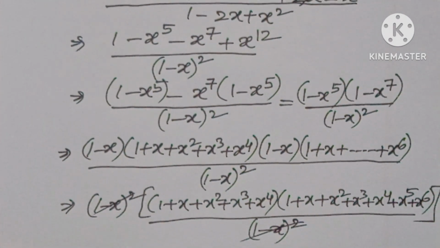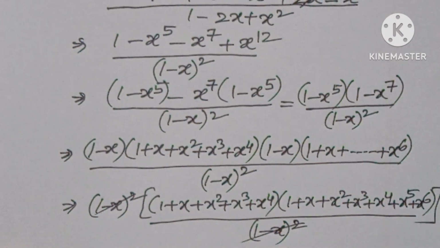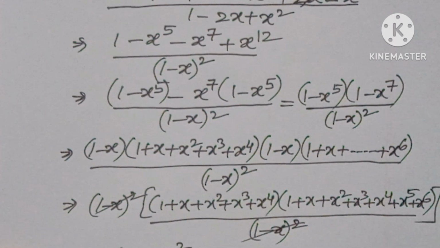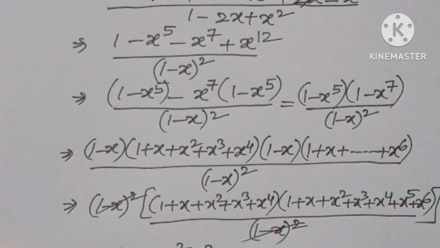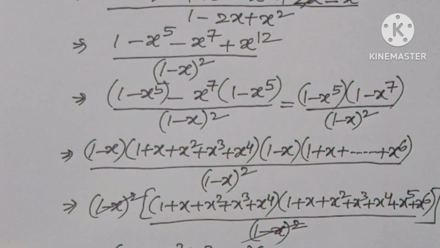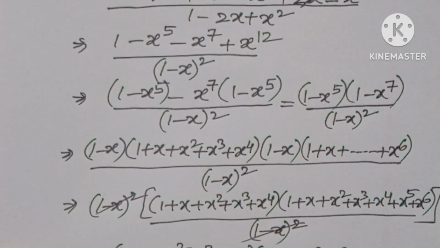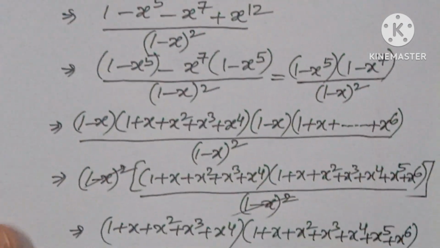These two get cancelled out. So the answer is (1 + x + x² + x³ + x⁴)(1 + x + x² + x³ + x⁴ + x⁵ + x⁶).